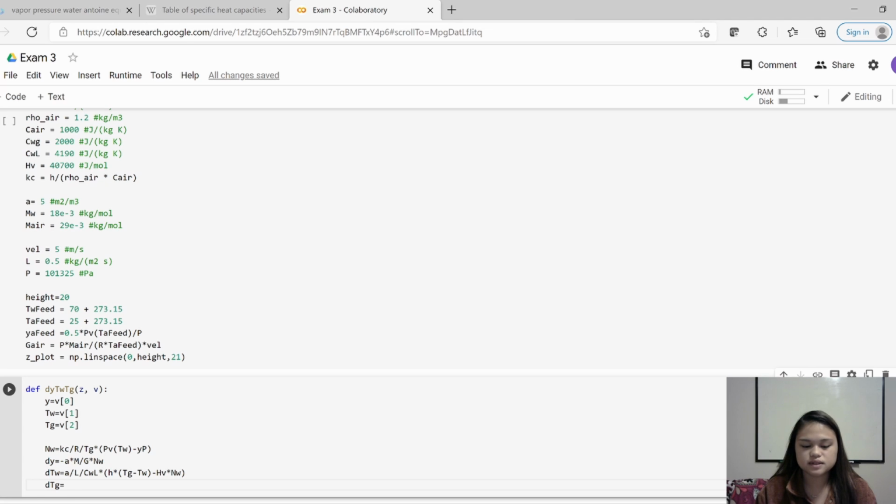We have that specific area once again multiplied by the heat transfer coefficient over the gas flow rate over that heat capacity for the gas, and multiplied by that temperature difference, starting from the gas minus the temperature of the water.